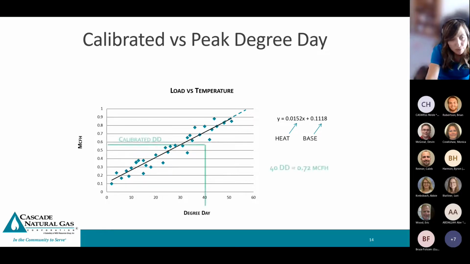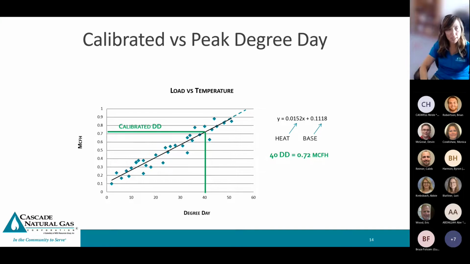So this would be our calibrated degree days. We typically like to look back not too far, because we want to make sure it's a recent cold weather event. We'll find the coldest weather event we've had in the last year or two, and we'll use that as a calibration day. This one, for example, is a 40, and then we can get how much usage there was, and check our pressures, check everything in our model, with the goal of being within 10%.